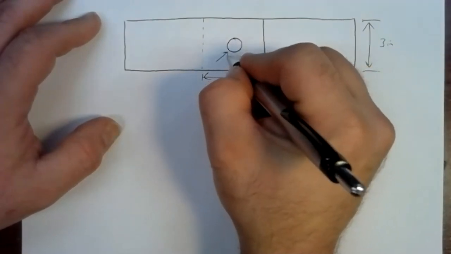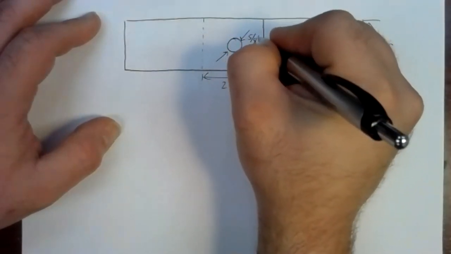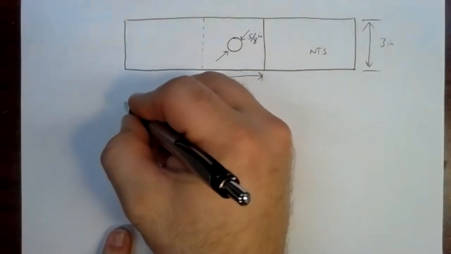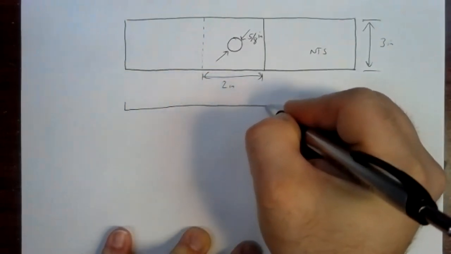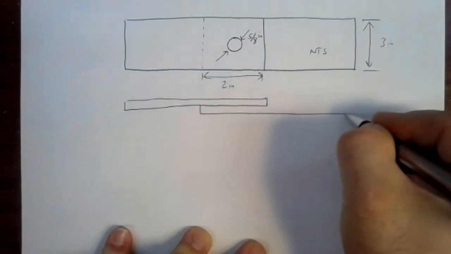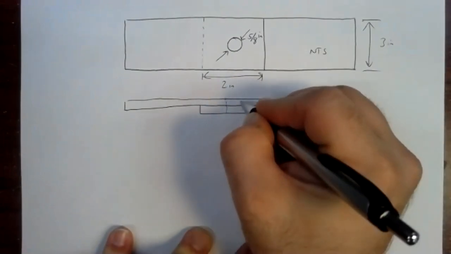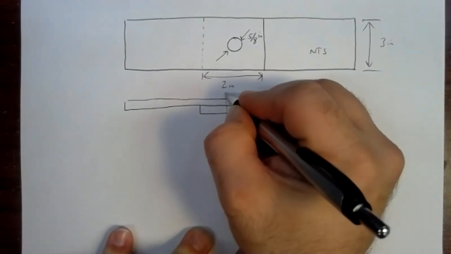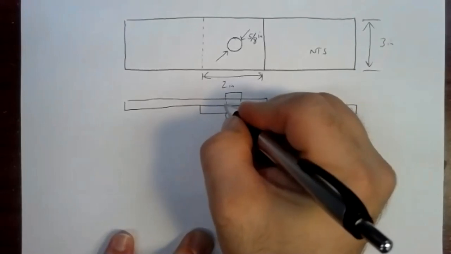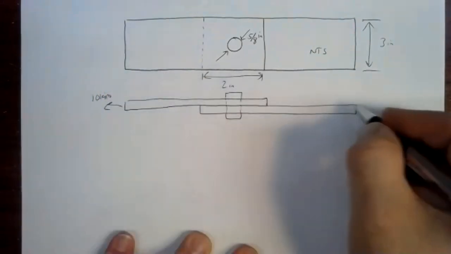So let's make this a 5/8 inch diameter pin. So the side view is going to look something like this. So there we go. So we've got that pin. And we'll put that same 10 kips of force here.